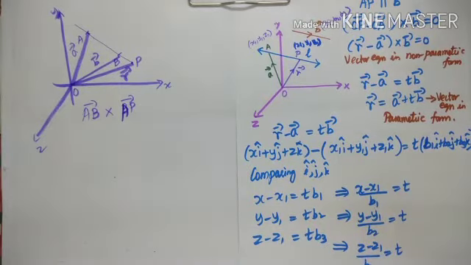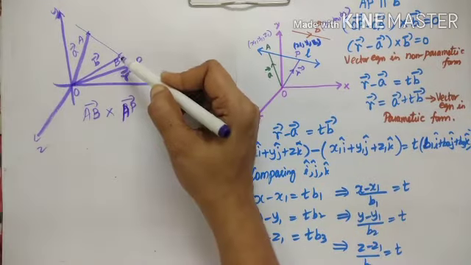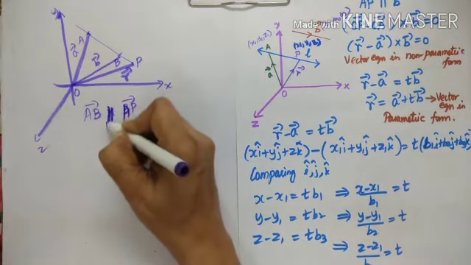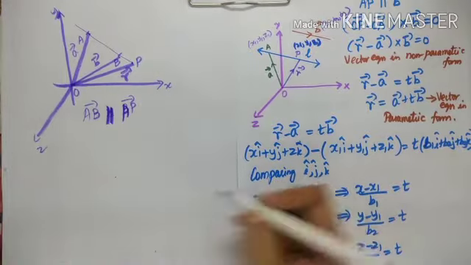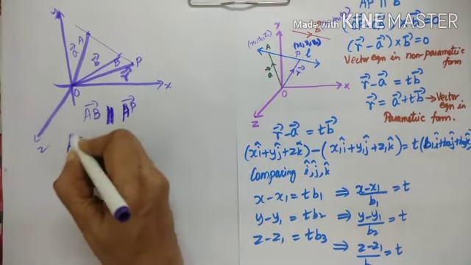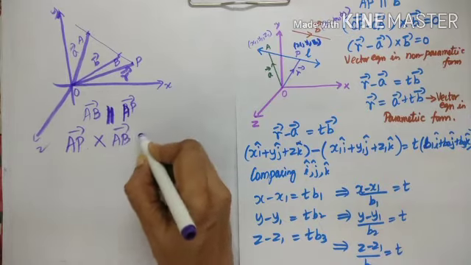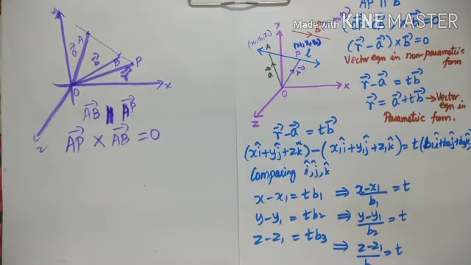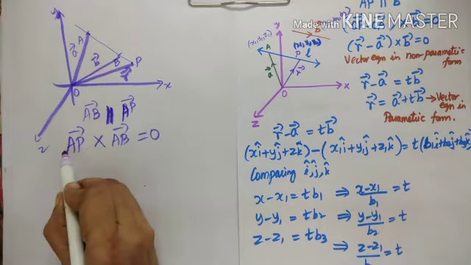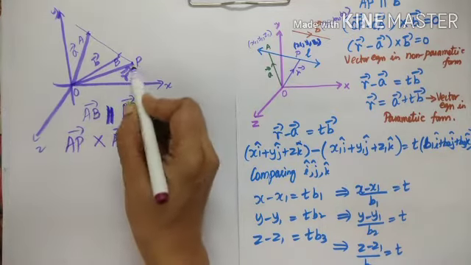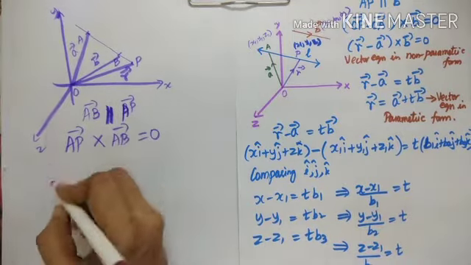So how shall I write it? AB vector parallel to AP vector, or I can say AP vector cross AB vector is equal to 0. So what is AP vector? Second minus first. So P minus A, that is R minus A.